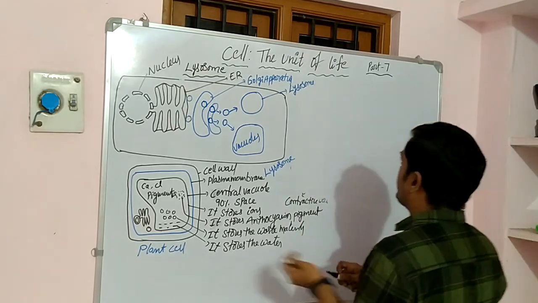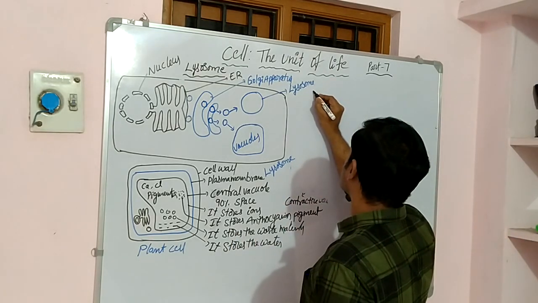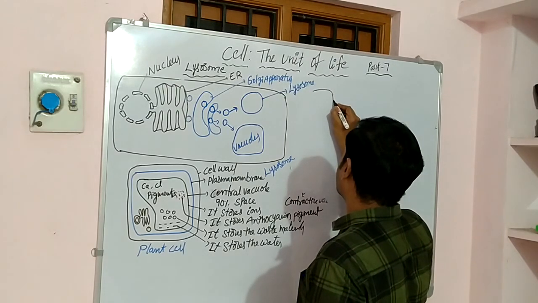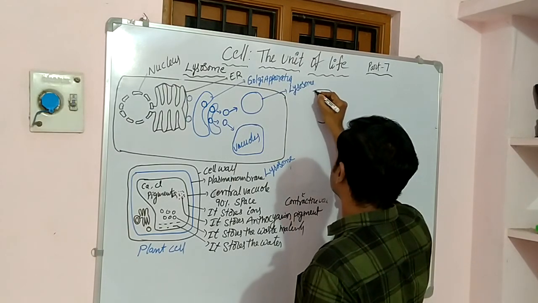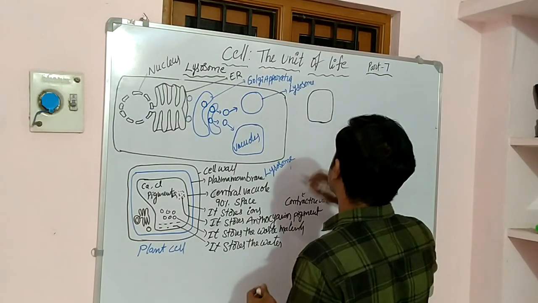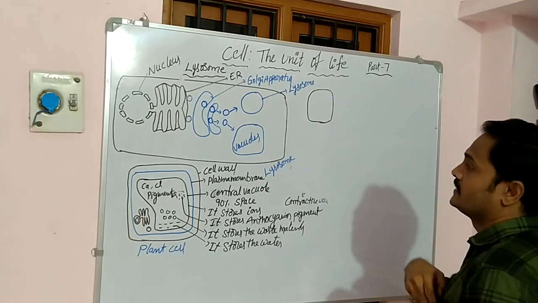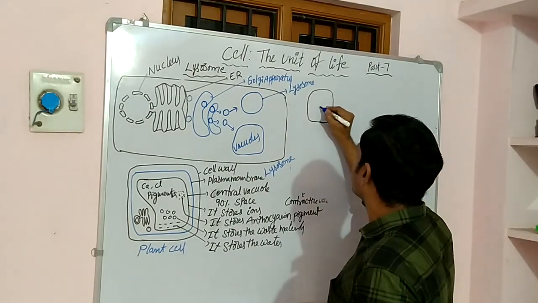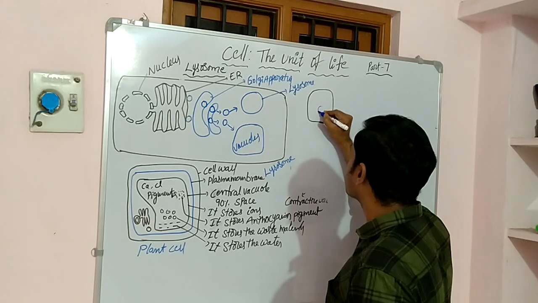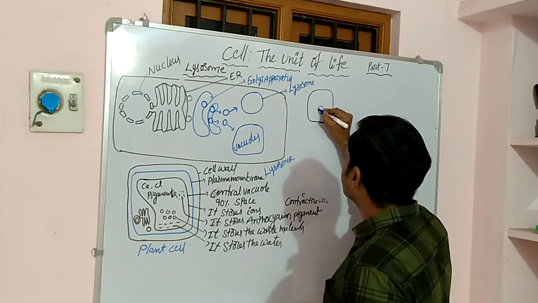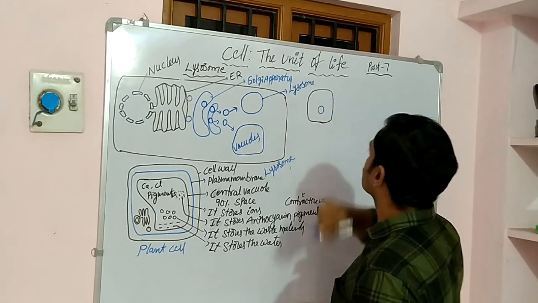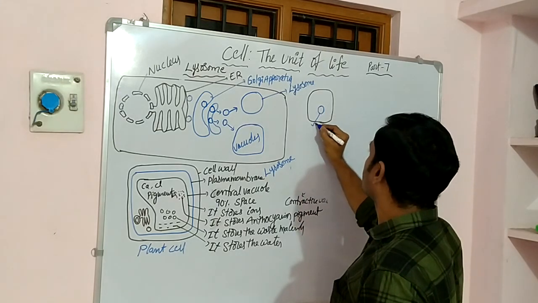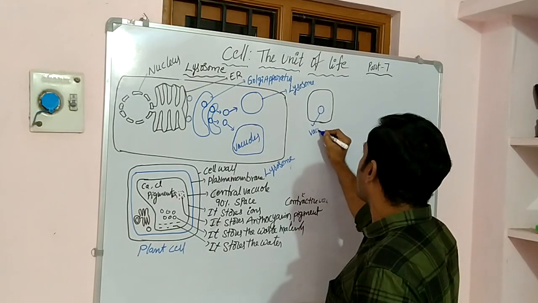Suppose this is the early aged plant cell. In this cell, the vacuole is small. Remember, in the early age cell, the vacuole is not too big. It is small only. So this is called the vacuole.